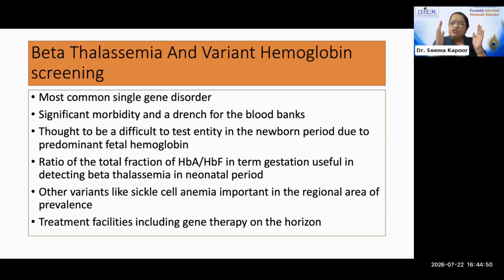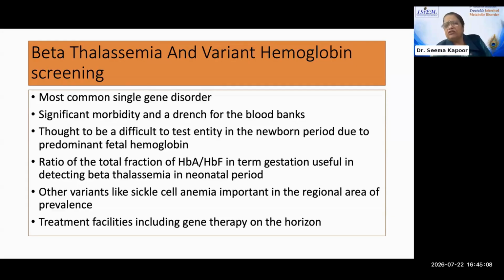If you find that there is no HbA at all, there are only two possibilities. Either it is thalassemia and the entire hemoglobin is HbF, or there is hereditary persistence of fetal hemoglobin. That is why there is no HbA.